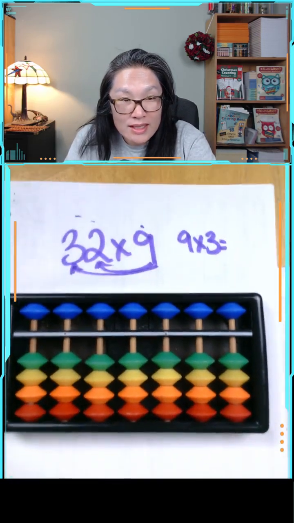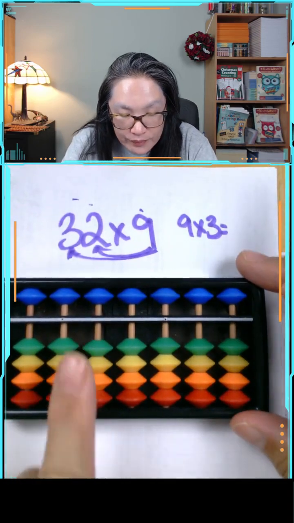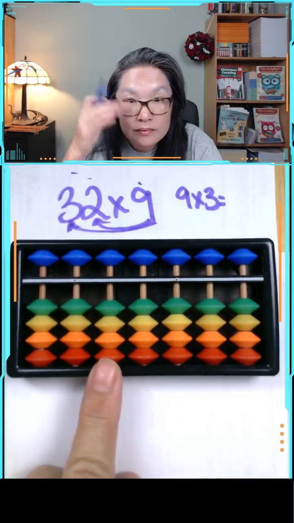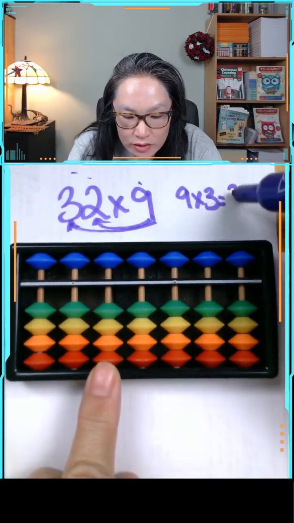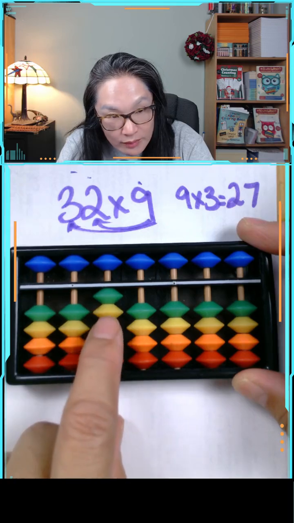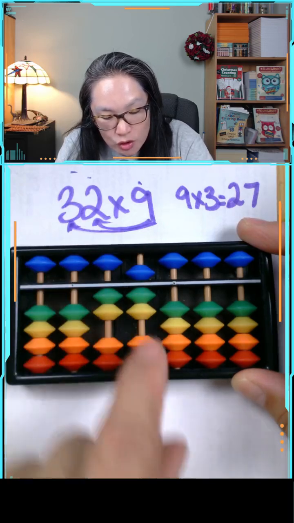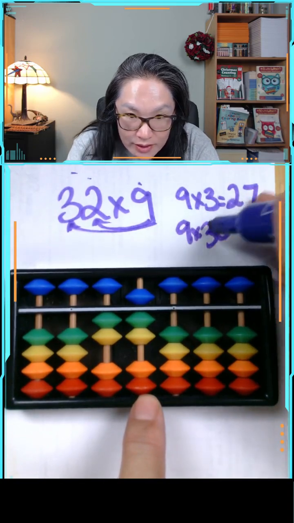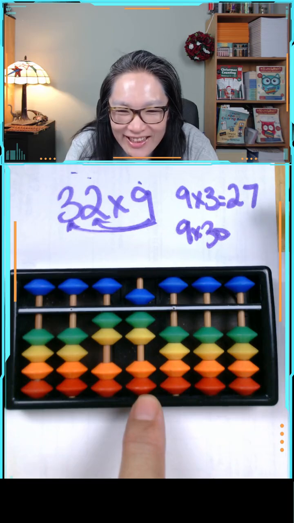So, what is 9 times 3? Thank you, Hunter. 27. Thank you, Jordan. I add the 2, right? My 20, and I add my 7. Notice I don't need to say 9 times 30. Thank you, Jackie, not Chan. Haha, that's funny.